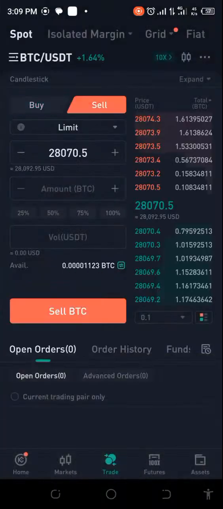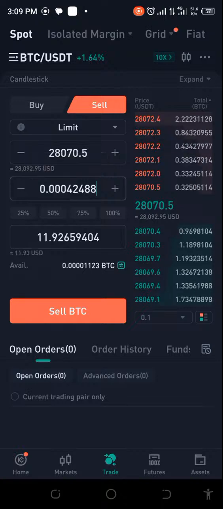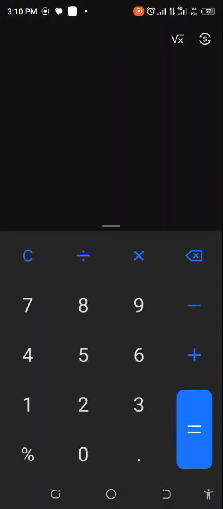So, I am about to paste BTC. Don't forget, what we have is 11.92. About 50 cents or something in that range. Looks good. Let me check in my calculator to be sure that the signal is giving us what we really want.